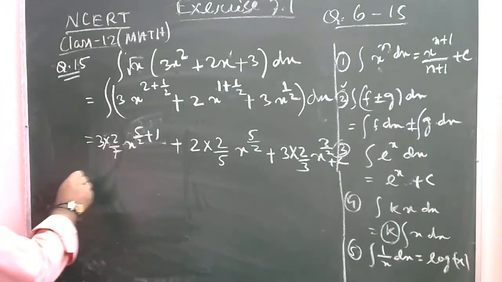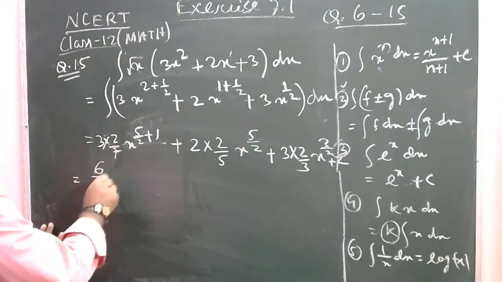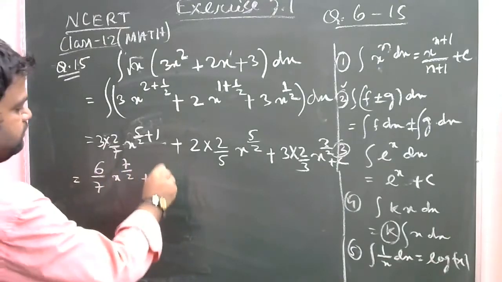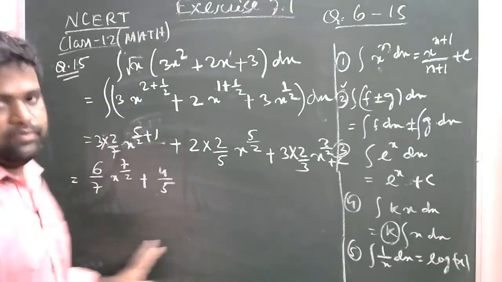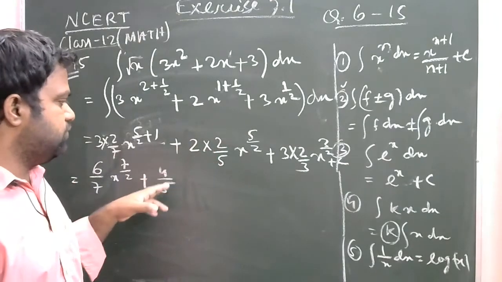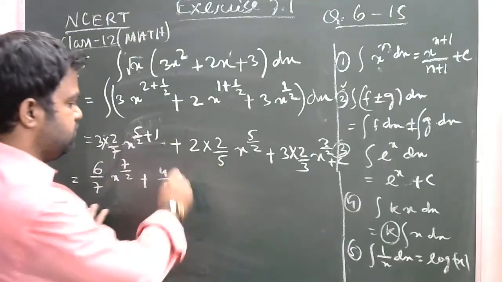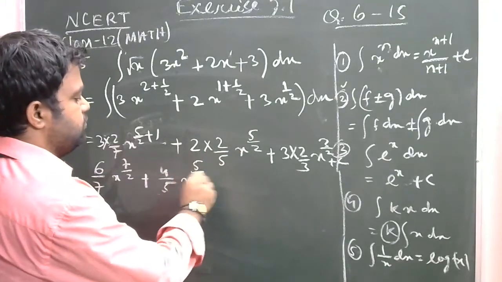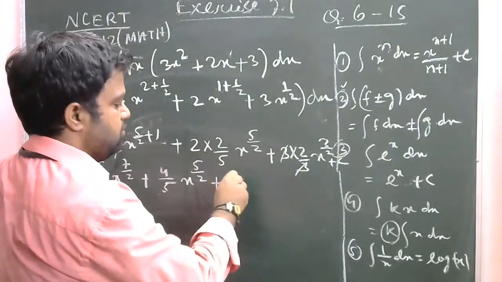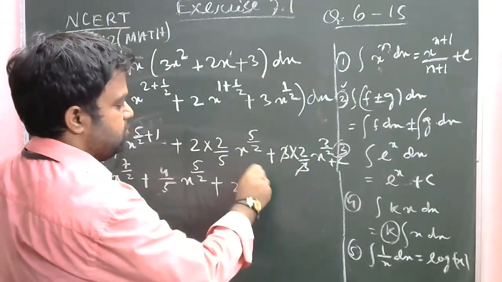Now, so you can write 6 by 7 x to the power 7 by 2 plus 4 by 5. Any difficulty? 4 by, just multiplying 2 into 2 is 4, 4 by 5, x to the power 5 upon 2. This one, 3 3 cancels, 2 x to the power 3 by 2.